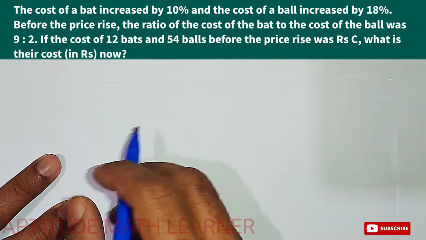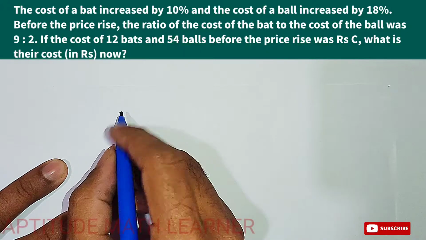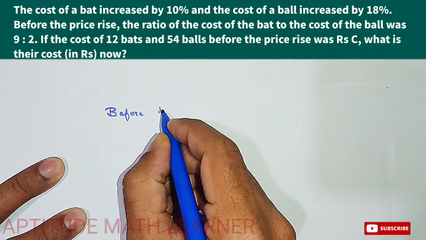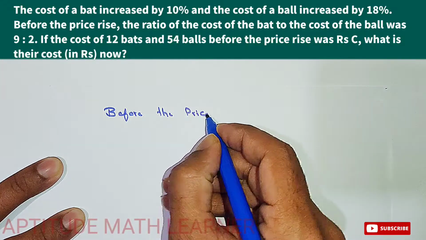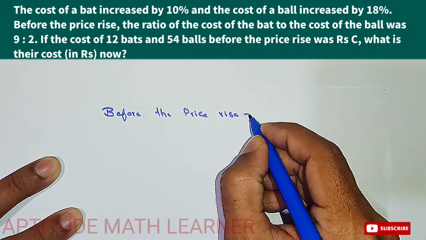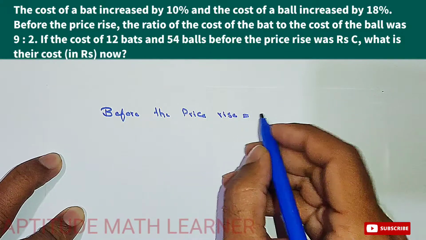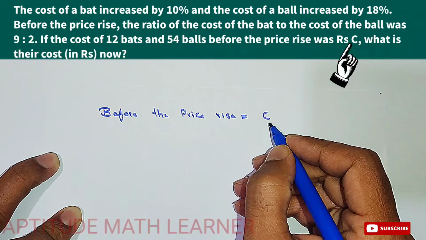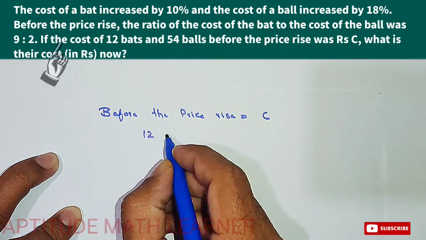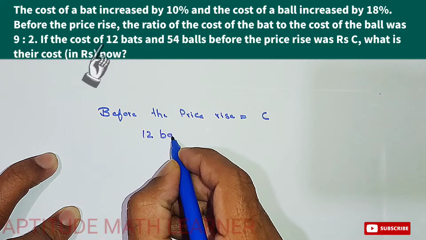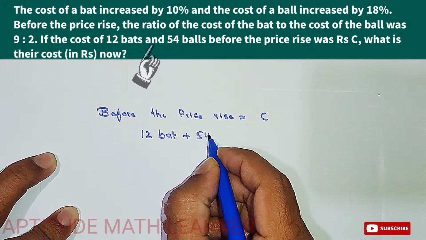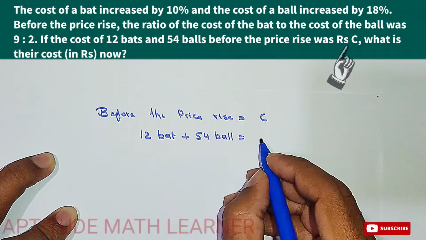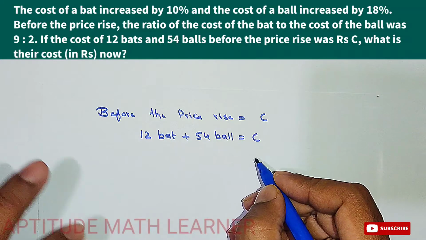Before the price rise, it means the original price, the cost of 12 bats plus 54 balls was C, according to the question given.